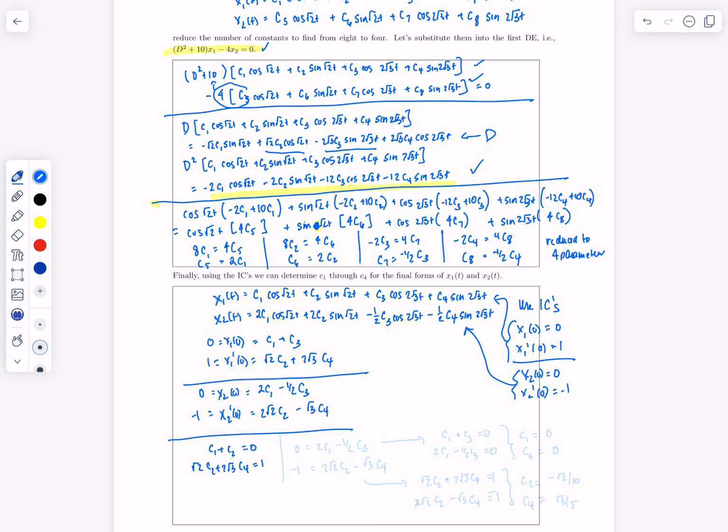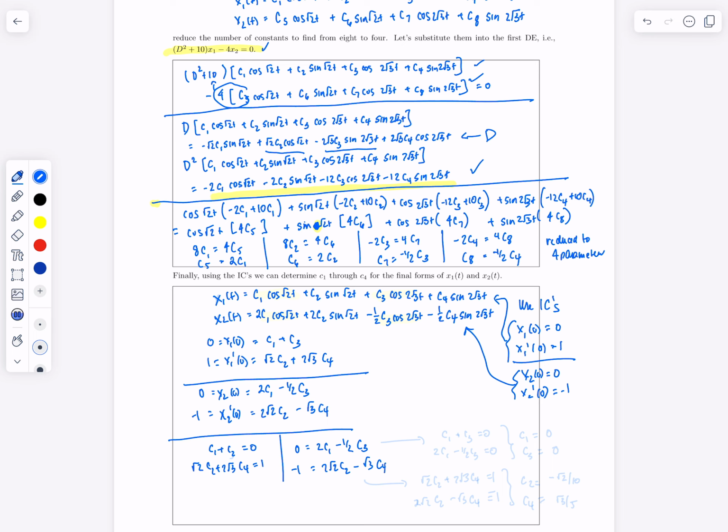So what we're going to do is, go ahead and write them down. We have those 2, and then we have these 2. 0 equals 2c1 minus 1/2 c3, and then we have minus 1 is equal to 2 on the square root of 2, c2 minus the square root of 3, c4, right?